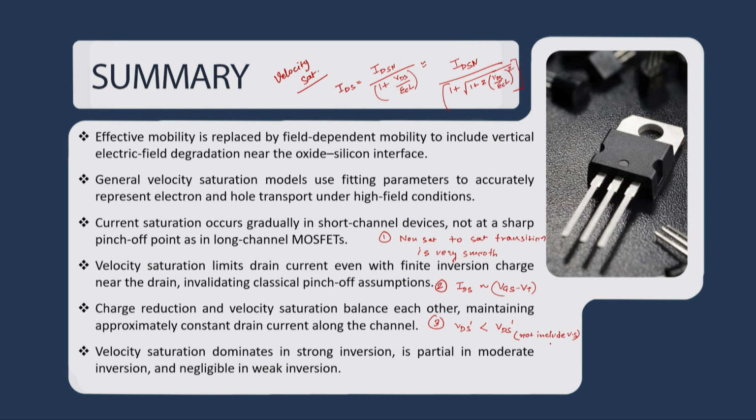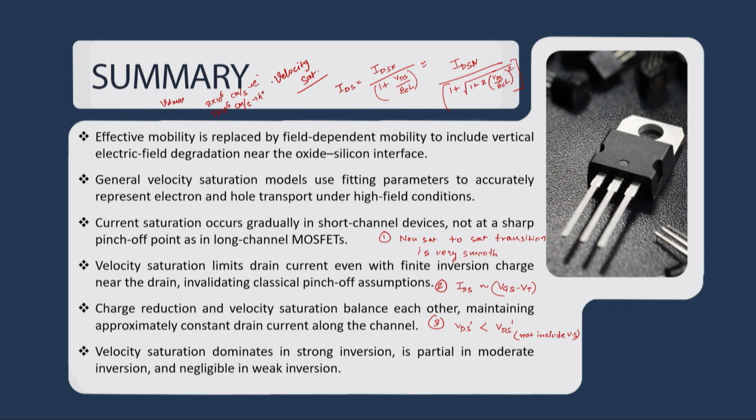In general, the values of Vd max for electrons and holes are nearly equal. That is what I showed you in the previous lecture, where the Vd max value is 8 into 10 to the power of 6 centimeter per second for electrons and 7 into 10 to the power of 6 centimeter per second for holes.